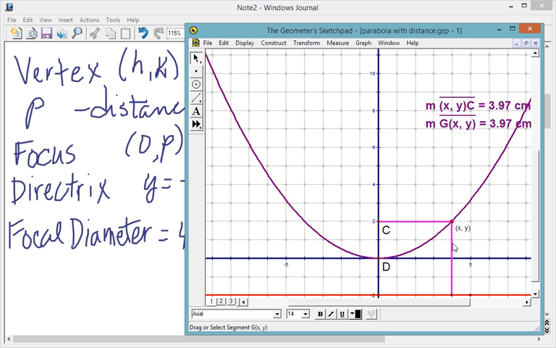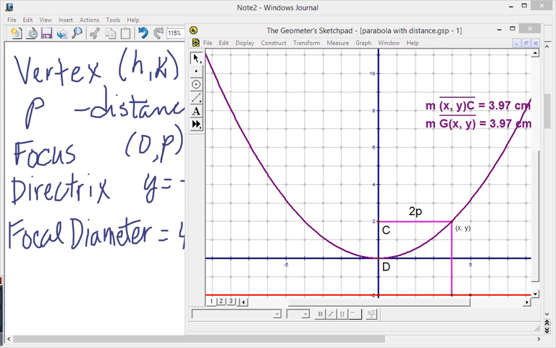Since it's parallel, this is going to be p, and this is going to be p, so this would be 2p. Well, that's only half of it, so the other half would also be 2p. So the focal diameter is always 4p.